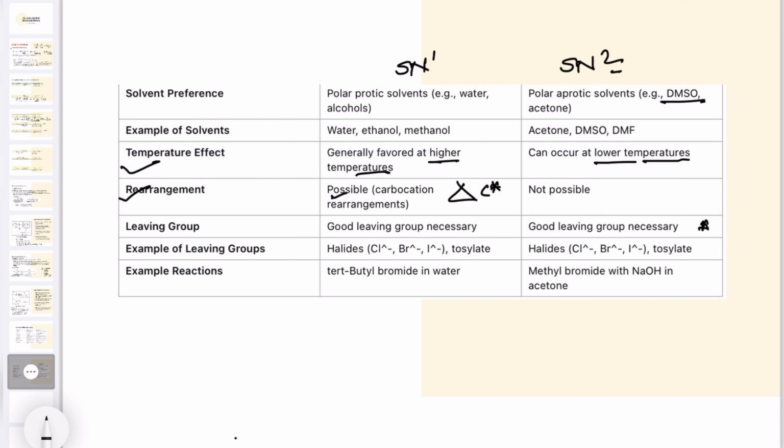Both are the same. The next, examples of leaving groups: halides, Cl minus, Br minus, I minus, tosylate, etc. Here also halides, Cl, Br, I minus and tosylate. Example of reaction: tertiary butyl bromide in water, and here methyl bromide in NaOH or acetone. Okay.